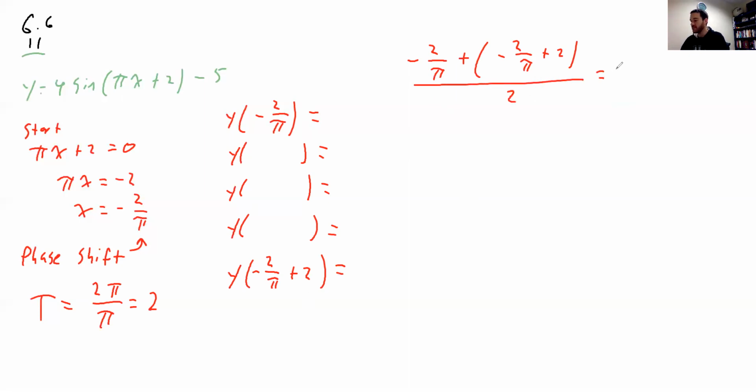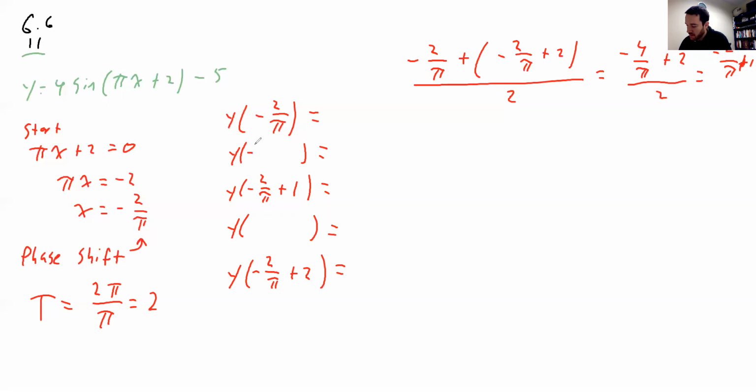If I add those 2 points together, I get -4/pi plus 2. And if I divide that by 2, I get -2/pi plus 1, which, now that I think of it, makes complete sense. Shouldn't half of the change between -2/pi and -2/pi plus 2 be -2/pi plus 1?